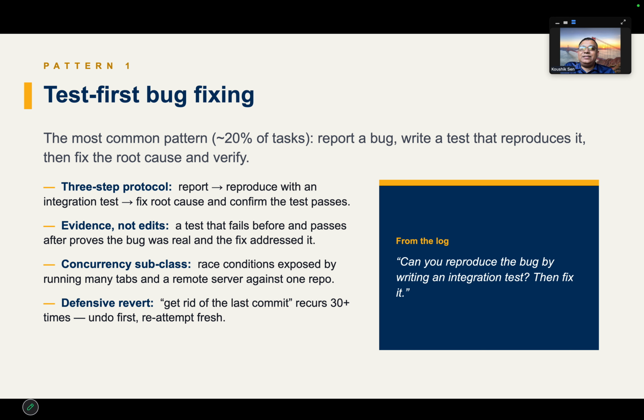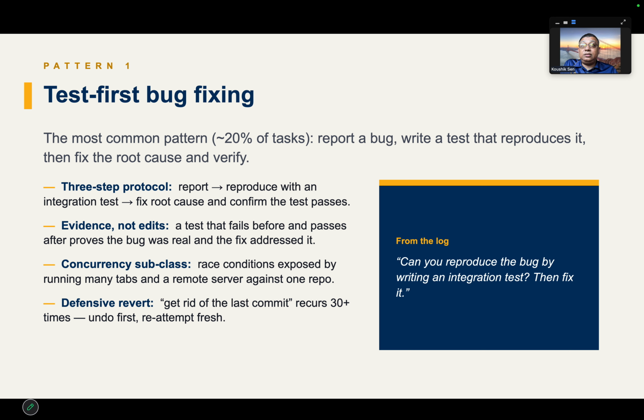So it's very important that I tell Sorcar to first generate end-to-end tests reproducing the issue or the bug, and then I say to fix the bug, and then run the test again to validate that we have fixed the issue.